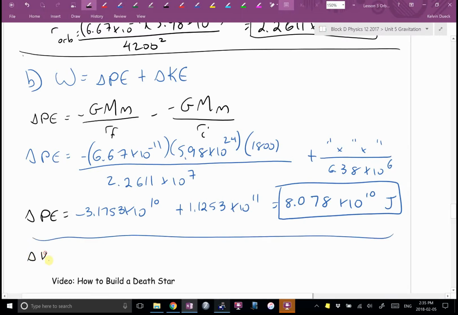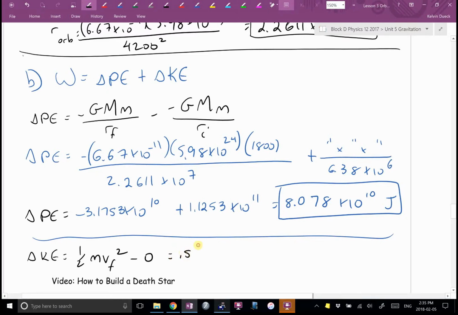The change in kinetic energy is going to be a half m v final squared minus, we said, let's assume we're starting out at rest, launching from Superman's Fortress of Solitude on the North Pole.